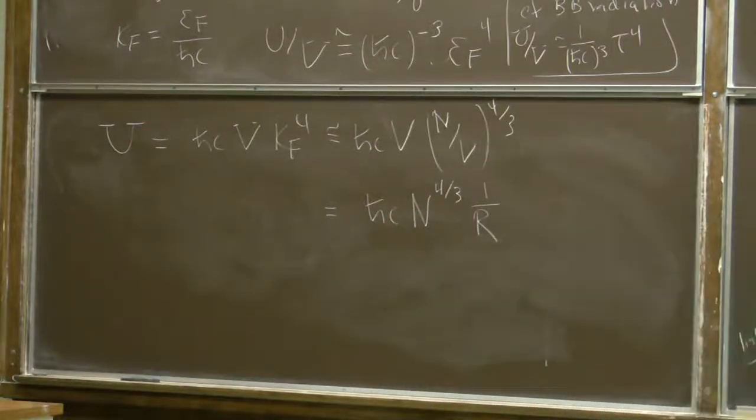Once we get to the extreme relativistic regime, the kinetic energy, which when the gas is non-relativistic goes like 1 over r squared, now goes like 1 over r.